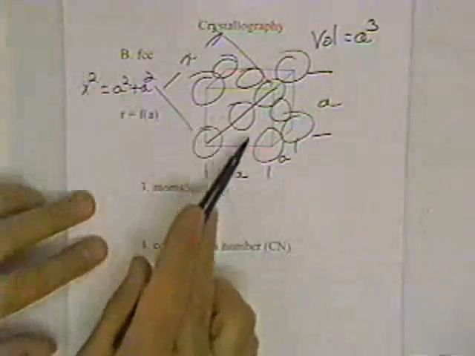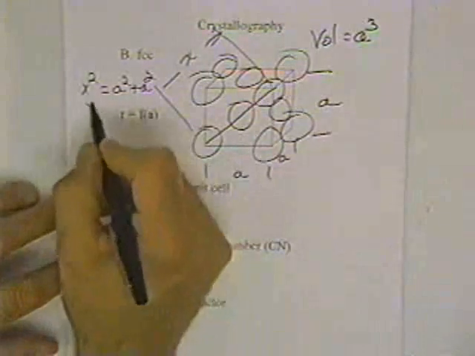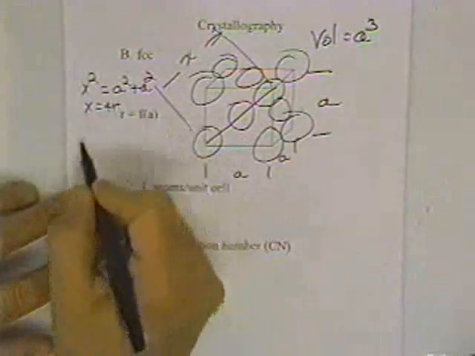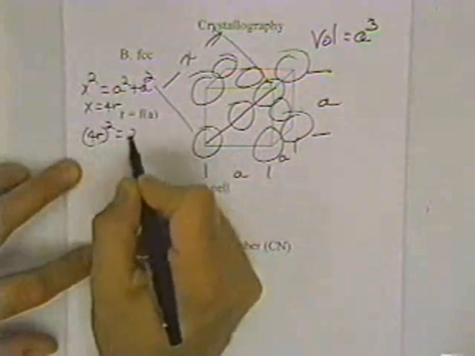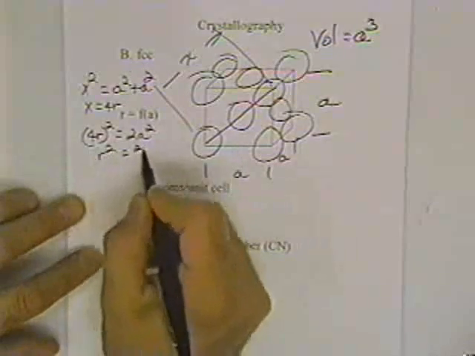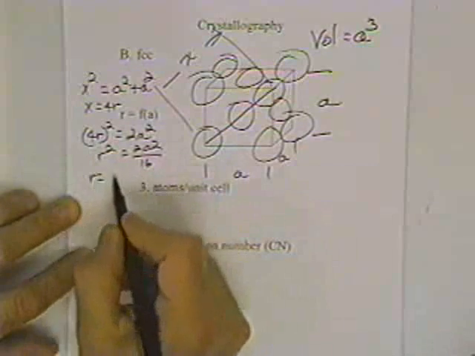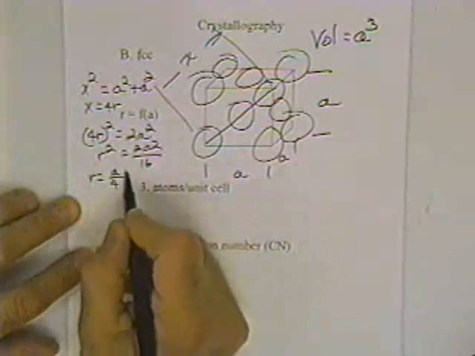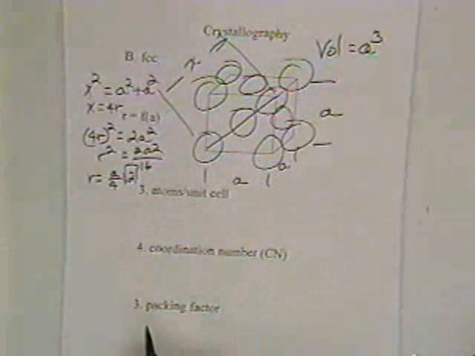Again, though, there's 1, 2, 3, 4 radiuses in there, so we can say x is equal to 4r. 4r squared is equal to 2a squared. r squared is equal to 2a squared over 16, and r will be equal to a over 4 times the square root of 2. So if we know the lattice parameter, we can estimate what the size is.